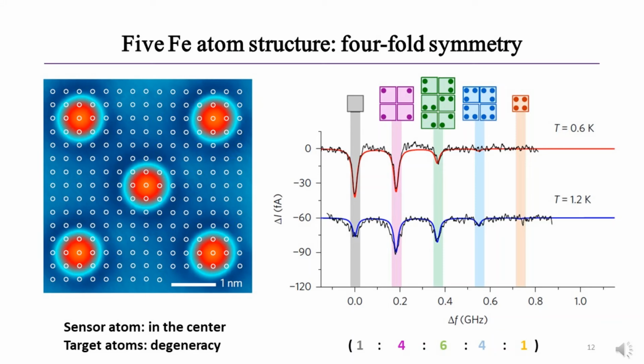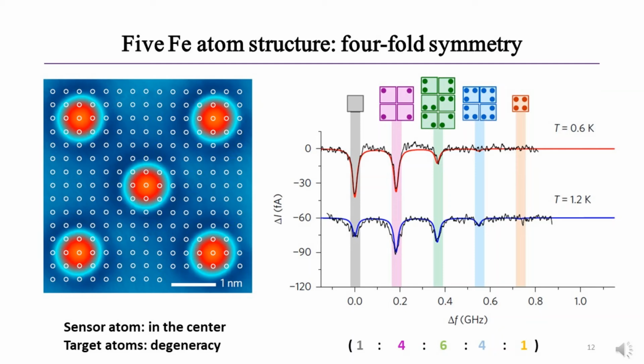For example, the pink lines: in the broken symmetry there are 4 separated pink lines, but now those 4 pink lines are all generated at delta F equal to about 0.2 gigahertz. And the green lines represent 2 corner atoms in their excited states, so they have a degeneracy of 6.